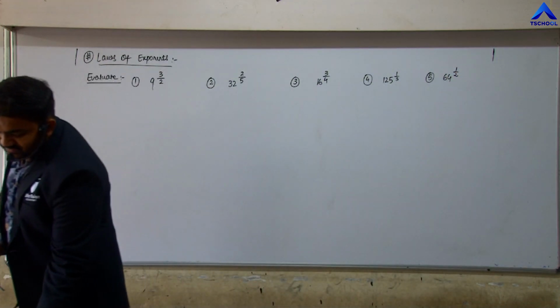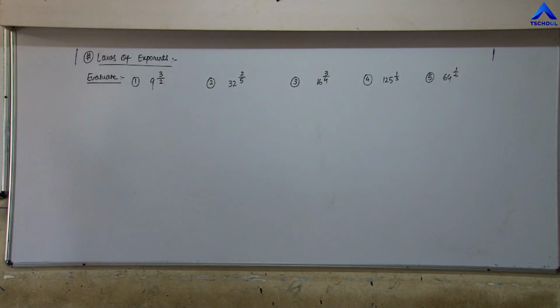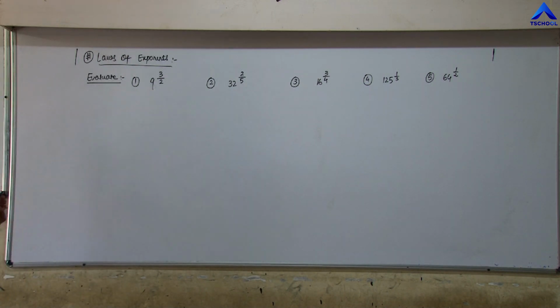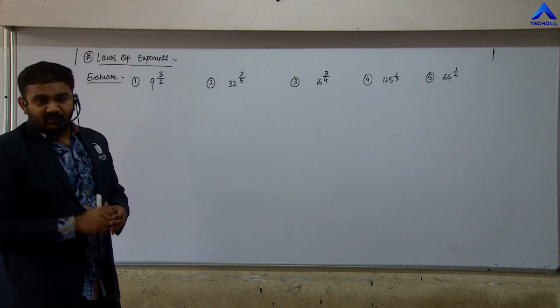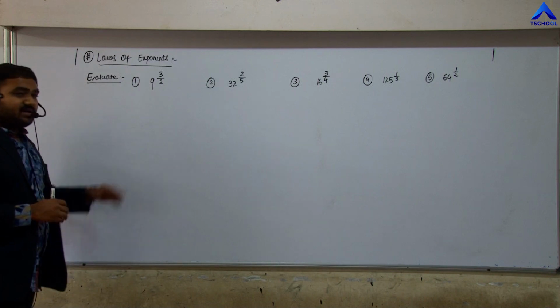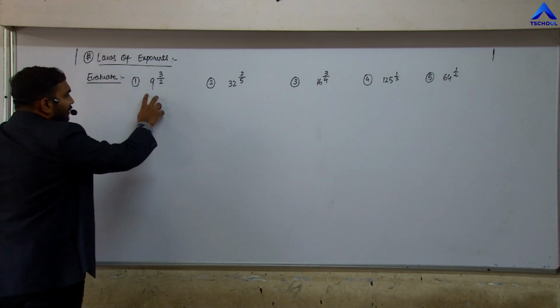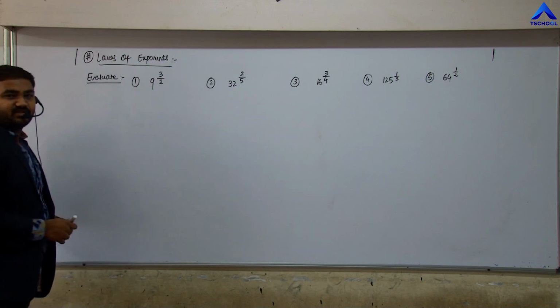See friends, these are the simplest ones I am taking first, then we shall go for the harder ones. Now, 9 raised to 3 by 2. First of all, I am going to write the base 9 in such a way that the power of this 9 is exactly the same as the denominator of the exponent given.